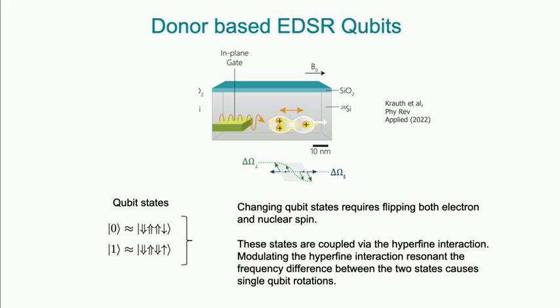On one side, on the right side for you, that's basically your EDSR qubit. That's the one that's like the flip-flop qubit that we had before, where the nuclear spin and the electron spin form your qubit. And then on the left, you have another site with two nuclei there, and that's the site that you can essentially tunnel to.